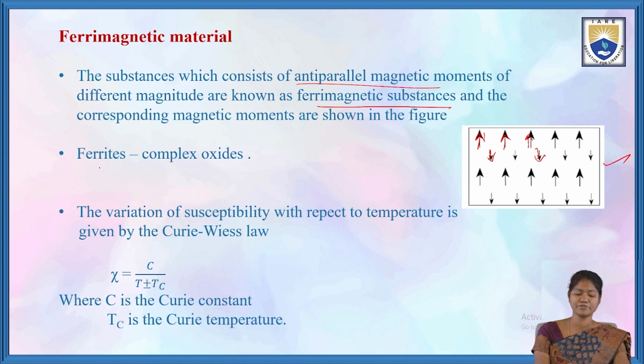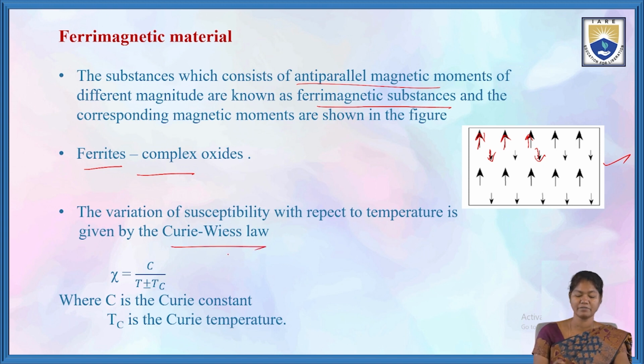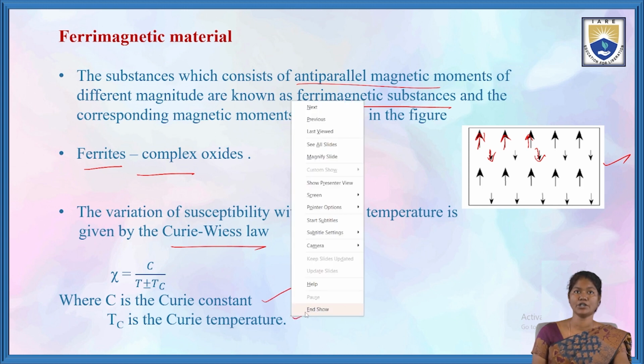Examples are ferrites and complex oxides. The variation of susceptibility with respect to temperature is given by the Curie-Weiss law, chi is equal to C by T plus or minus Tc, where C is the Curie constant and Tc is the Curie temperature.